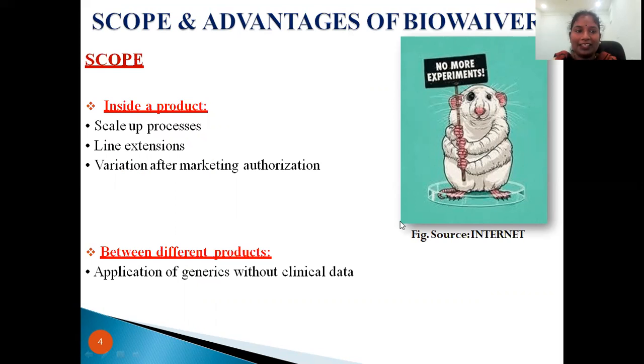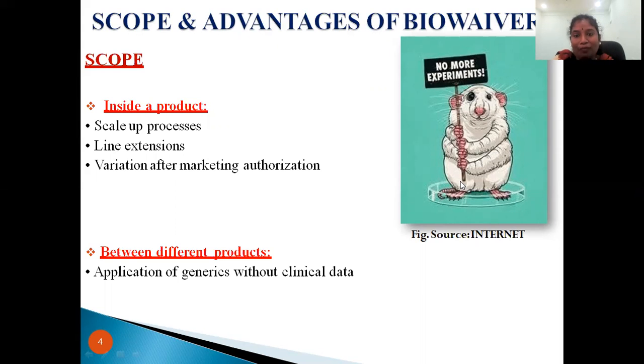here see the scope and advantages of the biowaivers. Here these animals are protesting. See this figure. These animals are protesting, so there should be no more experiments on us.